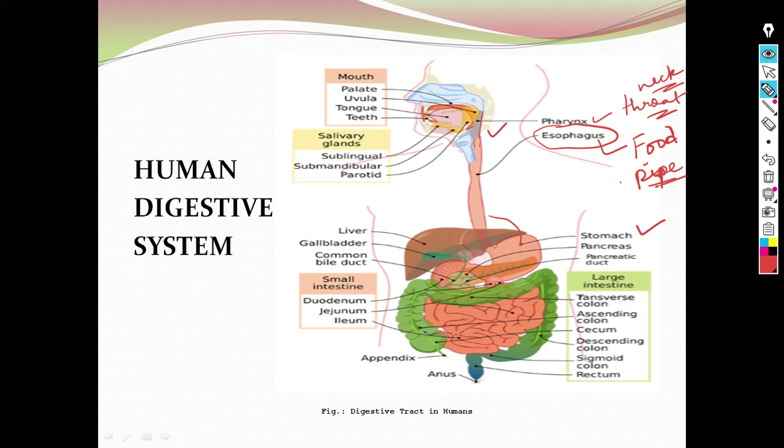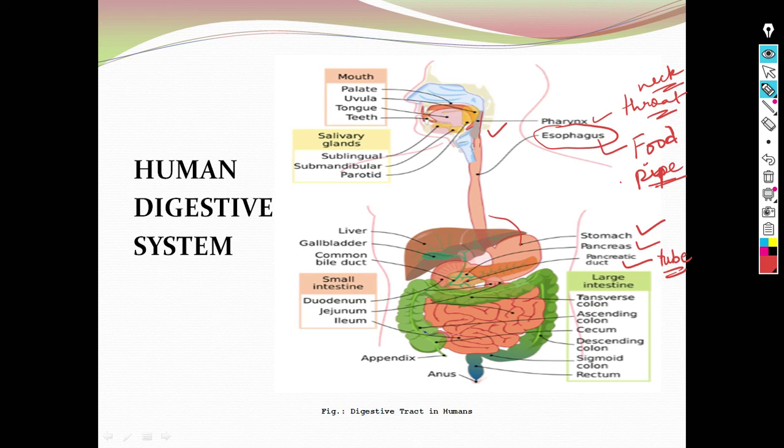Then beneath the stomach, there is the pancreas, which has the pancreatic duct, okay. You can see the green duct, the pancreatic duct is like a small tube. Now you can just see the part names here, and we will study them in detail in coming slides.